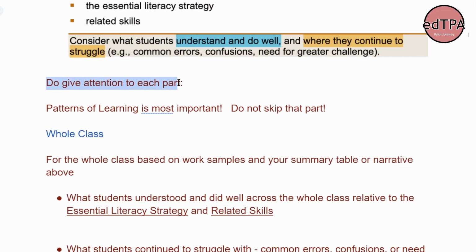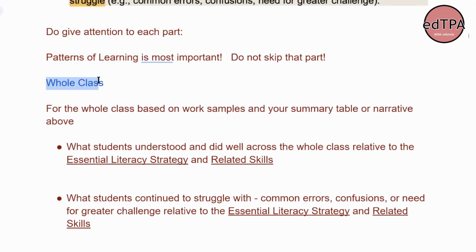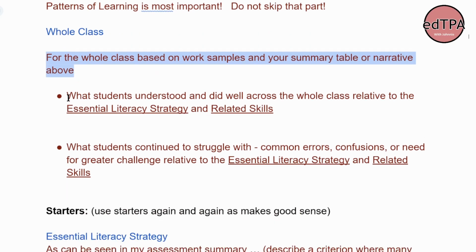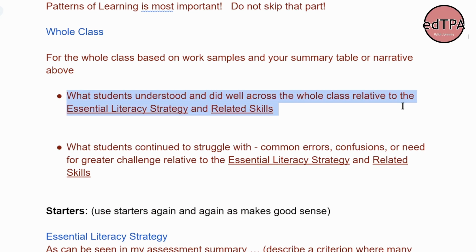Do give attention to each part. Patterns of learning is most important. Do not skip this part. Patterns of learning will show up in one of the rubrics. Let's start with whole class. For the whole class based on work samples and your summary table above, think about what students understood and did well across the whole class relative to the essential literacy strategies or related skills.